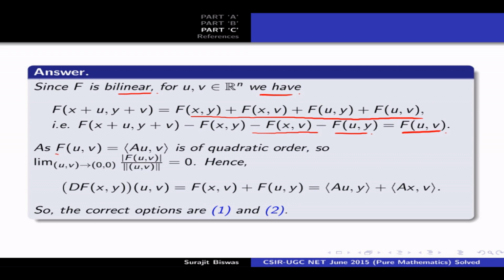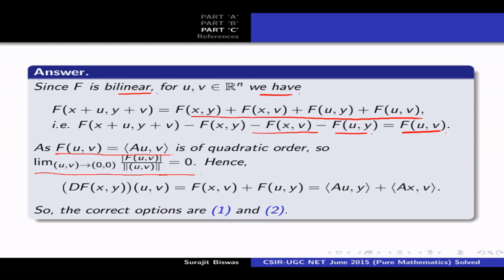As f(u,v) = ⟨Au, v⟩ is of quadratic order, the limit as (u,v) tends to (0,0) of |f(u,v)| divided by the norm of (u,v) is equal to 0.